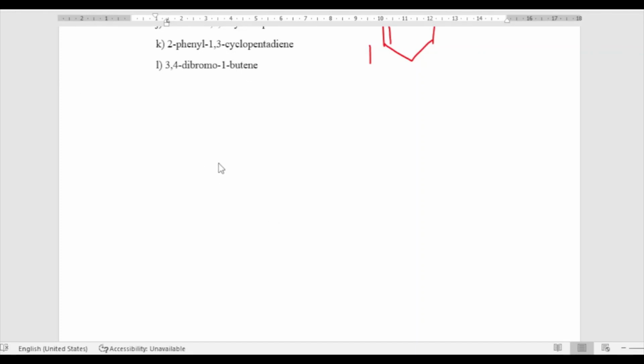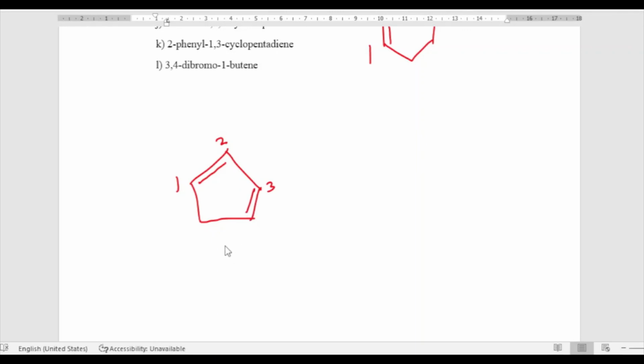So you draw 5 carbon first, cyclopentadiene, and then the double bond is at carbon number 1 and 3. So I will start here, put my double bond here, and start numbering from here. 1, 2, 3. So another double bond will be here.